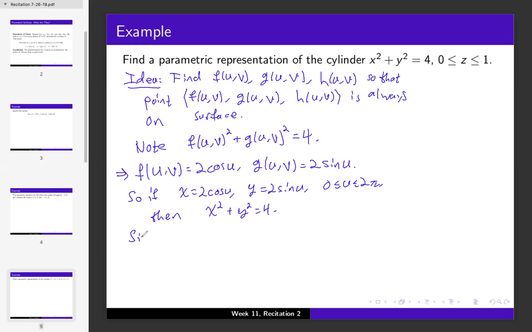So since z has no conditions on it, in fact, z can be pretty much anything.